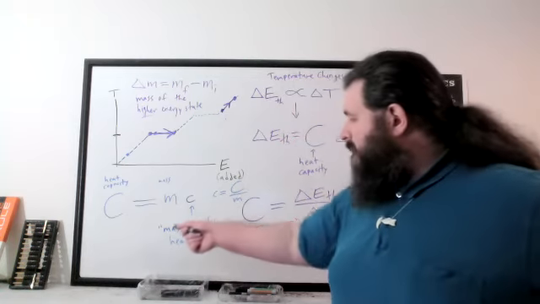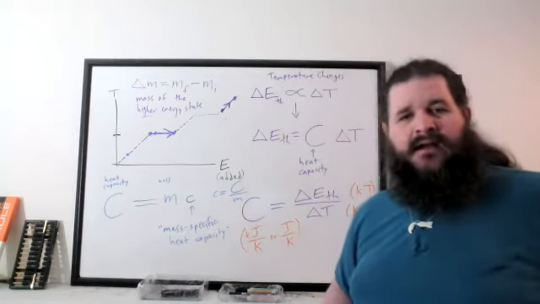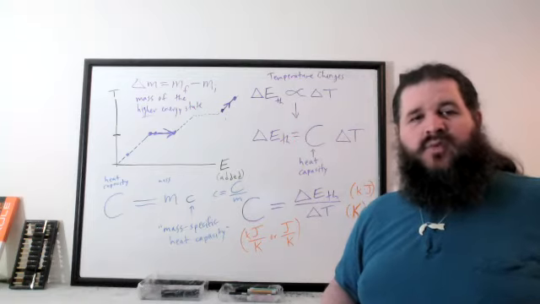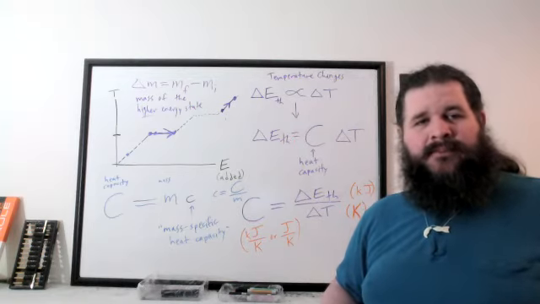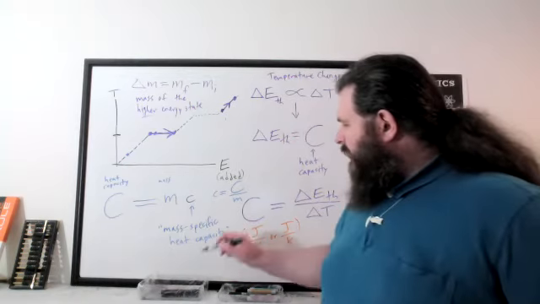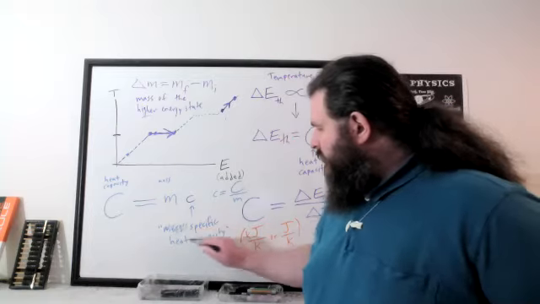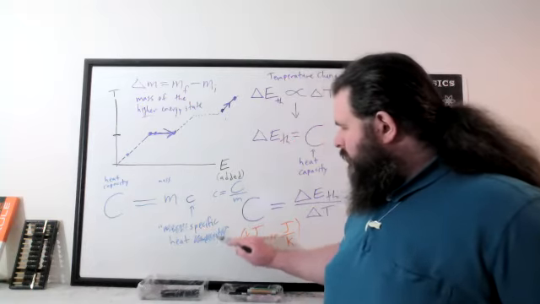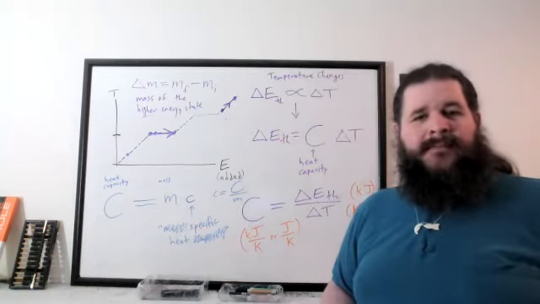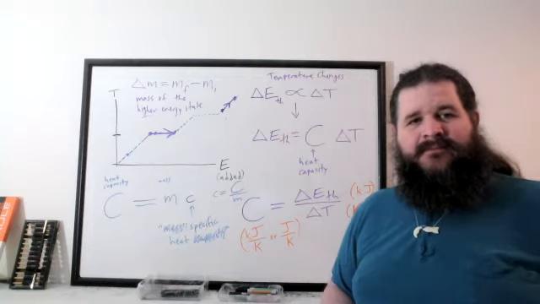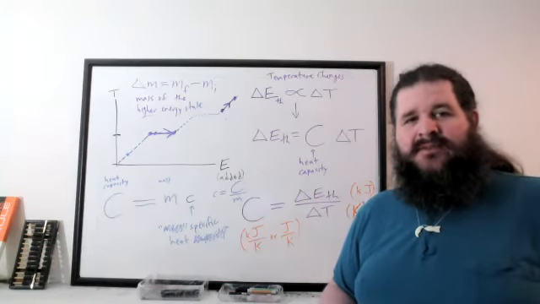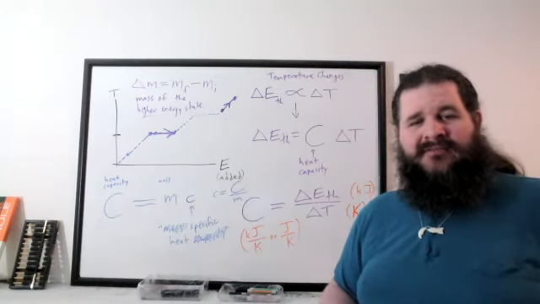So when we call this the mass-specific heat capacity, we just mean we're standardizing this to 1 unit of mass, 1 kilogram. And over time, this has kind of gotten shortened to just specific heat. It's an abbreviation for mass-specific heat capacity because it is the heat capacity specific to exactly 1 unit of mass.